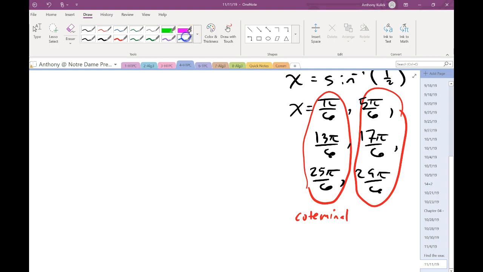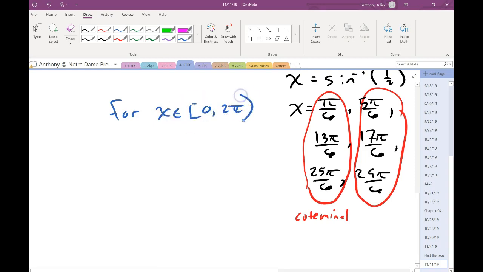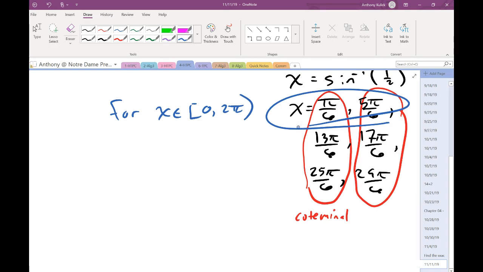Now, if my answers that I'm looking for are the ones on the unit circle, just between 0 and 2 pi, then yes, the first 2 answers we listed was all we needed, right?